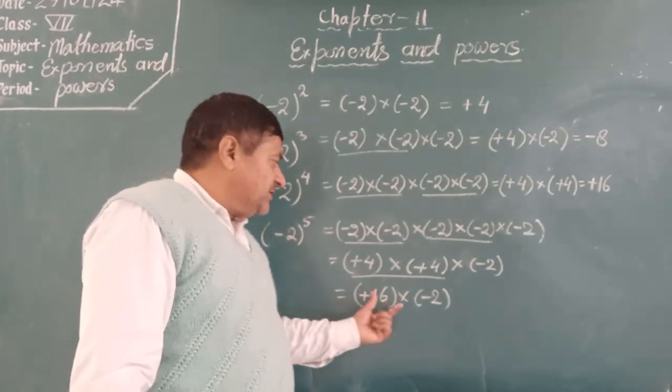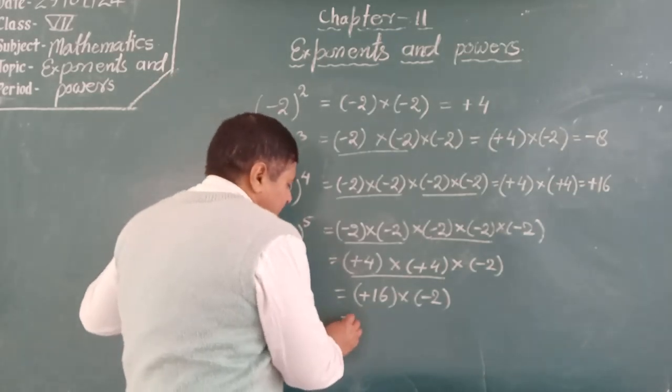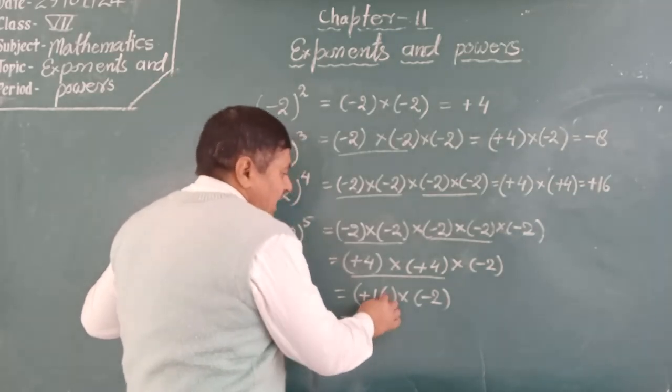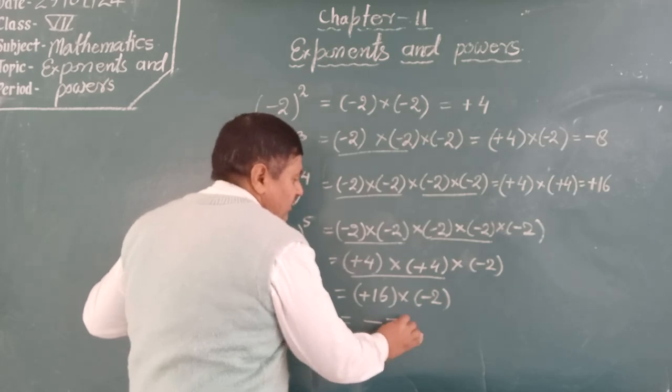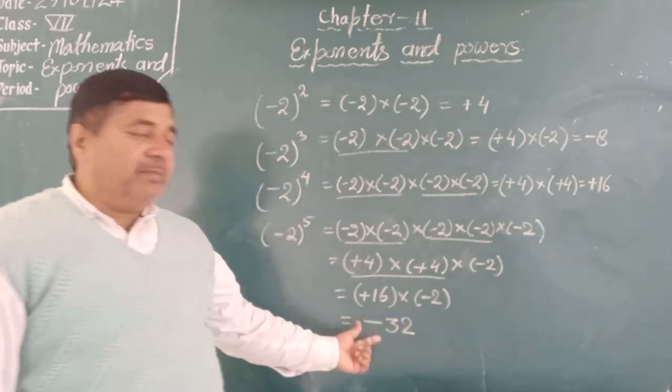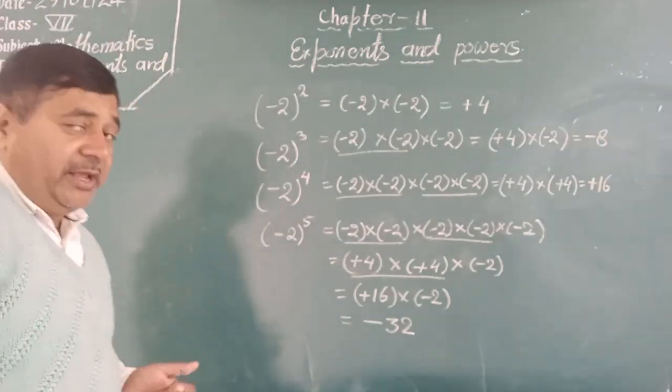Okay. Now here plus into minus, what becomes? Plus into minus becomes minus, and 16 to the 30. So what do you obtain here? Minus 32. Acha, what do you observe here?